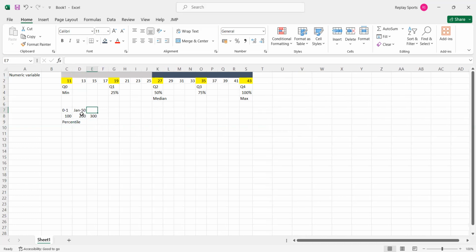So this is what we call a percentile. Then you have the 99th percentile. 99 percentile means how many values will be here? 100 less than 10,000, correct?